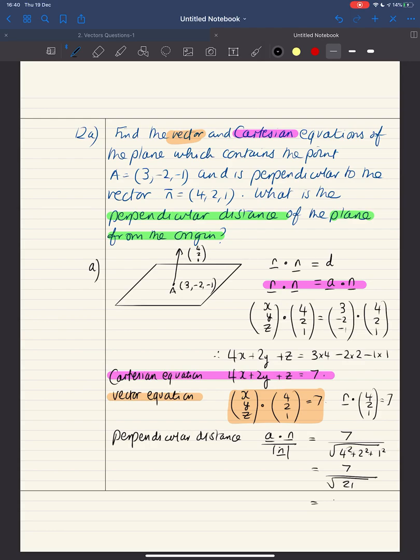That on your calculator will simplify. So that's 7 over root 7 times root 3, so it's root 7 over root 3. And that's the green answer there, the perpendicular distance, and that's the formula that you've got to use for that one. Okay.